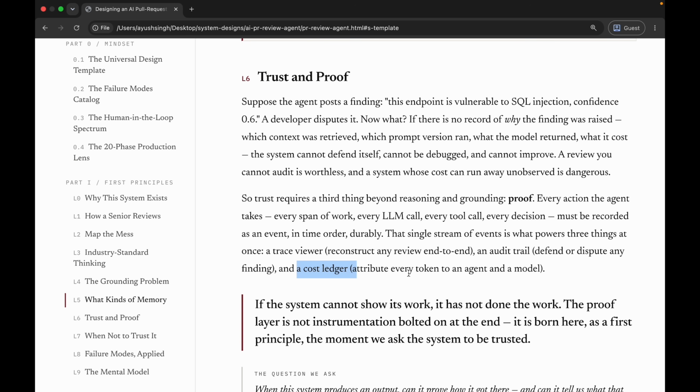I'll have separate designs coming in the future, talking about economics, token optimization, how to design keeping token optimization in mind, how to design keeping cost in mind. Here we are designing in a structured format. And it depends on the business. Today the business says cost is not a problem, so your design should not focus on cost.